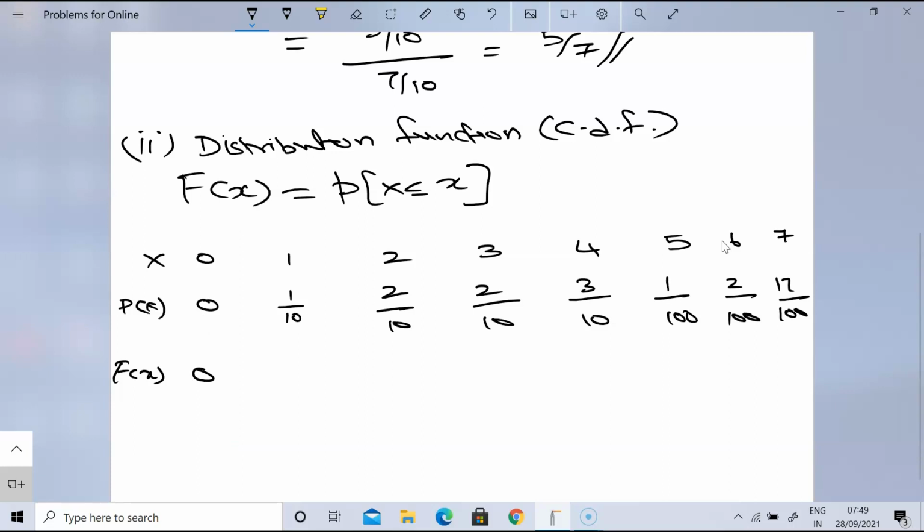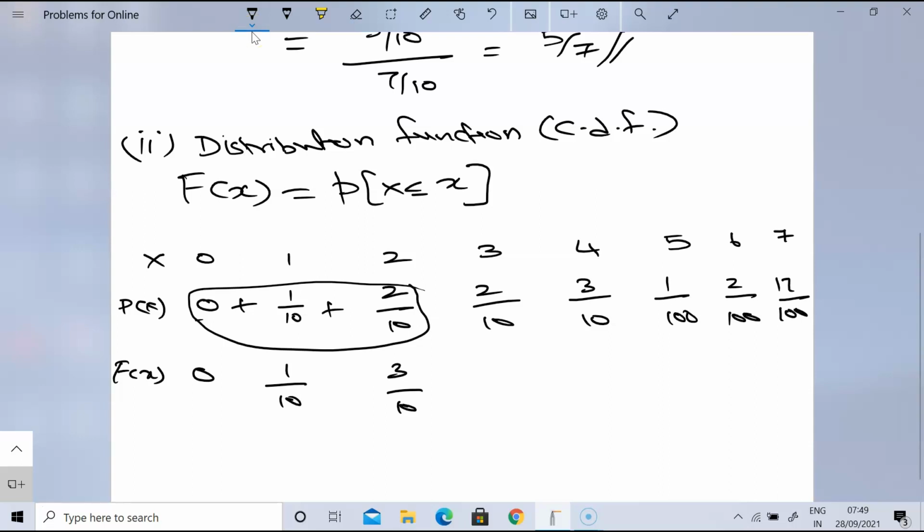Next, here, 1 by 10. So what I'll do here is add 0 plus 1 by 10. How much will I get? 1 by 10. Now when I come here, I will add until here, that is, until this value in the probability mass function. So I'll get 3 by 10. Next, when I come here, you need to add fully, this number plus that number.